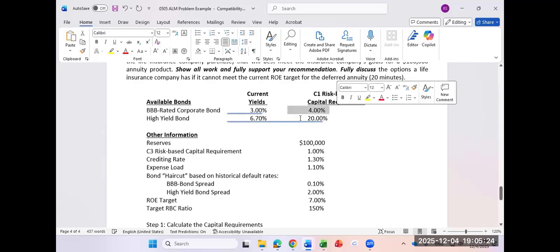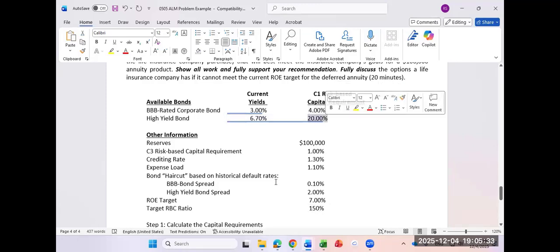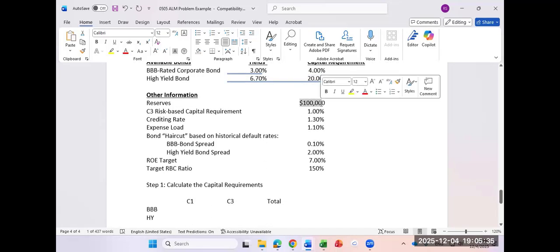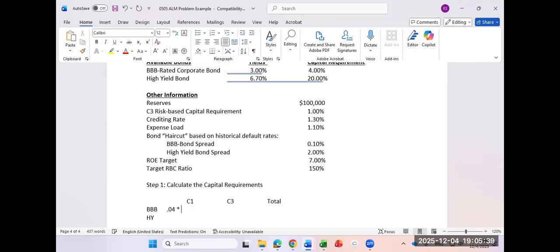So 4% and 20% are the same. You can see here they're using 150%. So 150% is going to take the 4% to 6% and the 20% to 30%. The premium's 100,000. So here you take 0.04 times 1.5 times 100,000. That's going to equal 6,000.